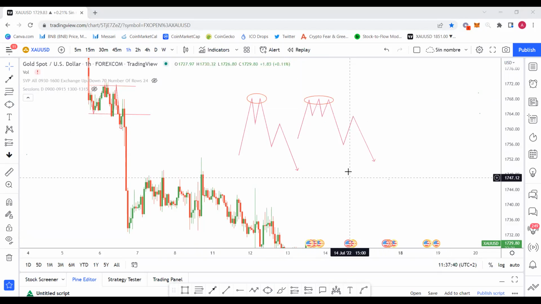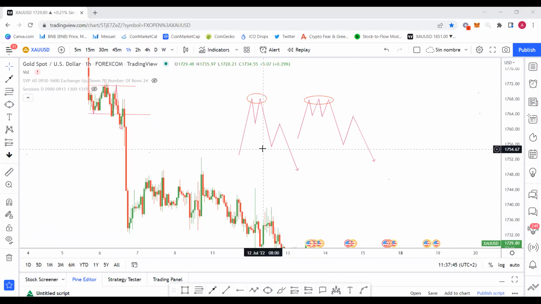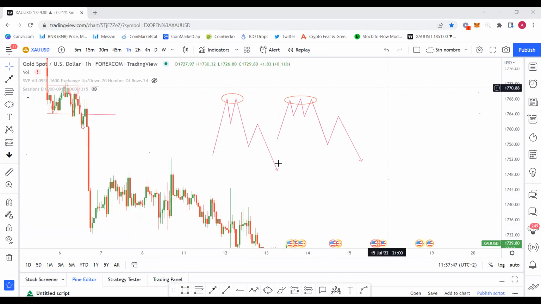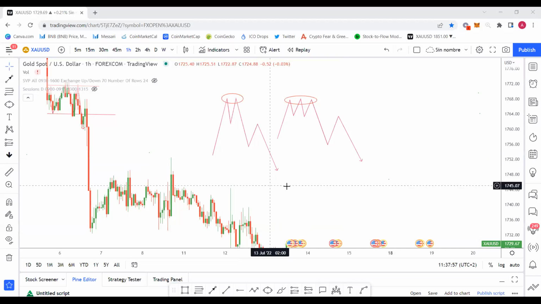So yeah, double top and triple top. These are patterns that usually indicate a change in the trend, okay? For example, we have a bullish trend. As soon as price forms a double top, it then most likely changes to a bearish trend. The same with triple top, exactly the same.